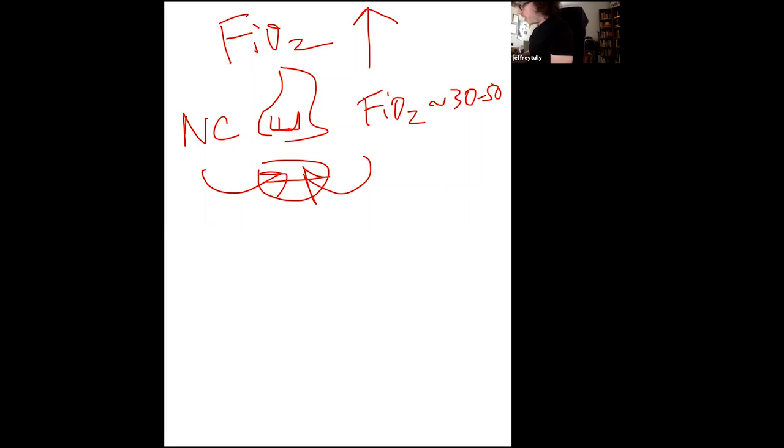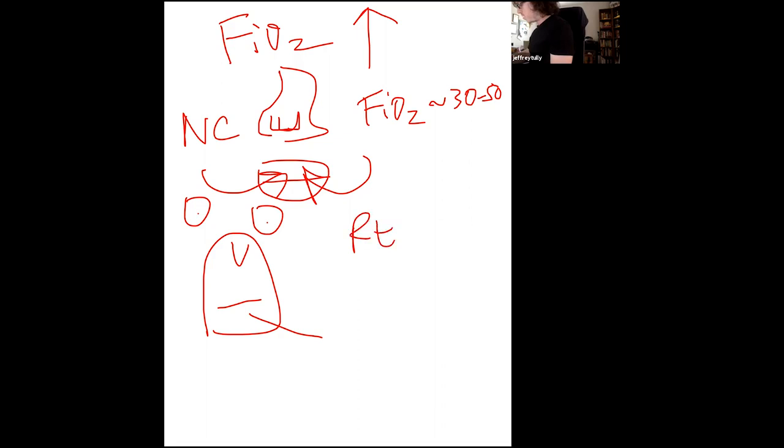One step up from that are face masks. So oxygen face masks that you'll see people have. Just a simple face mask does not prevent people from rebreathing the CO2 that they breathe out. So there's a special type of face mask called a non-rebreather.